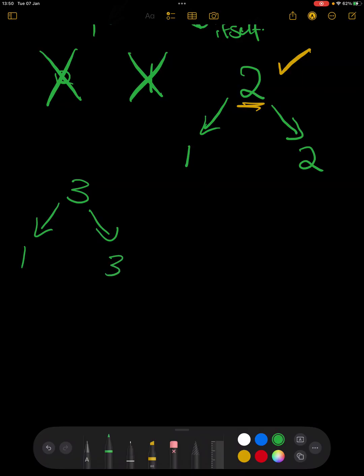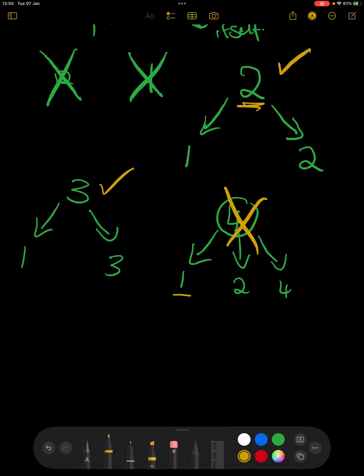Those are the two numbers that can divide into 3, making 3 a prime number. Wonderful. Let's have a look at 4. What are all the factors that can divide into 4? Well, we've got 1, 2, and 4. Therefore, 4 is not a prime number because it has 3 factors.